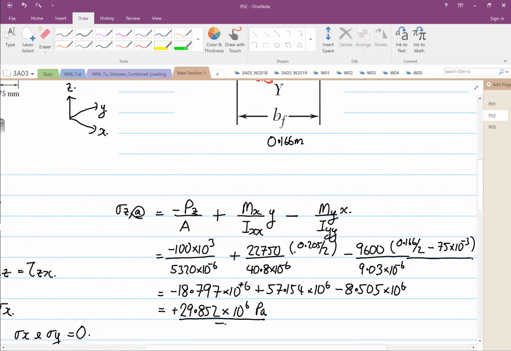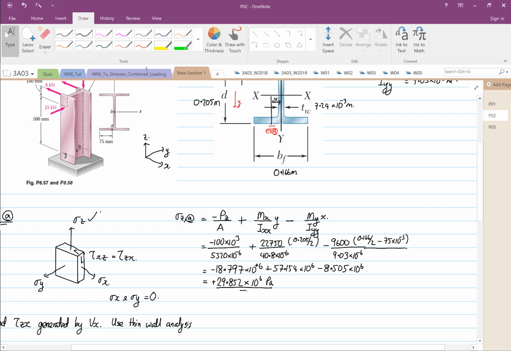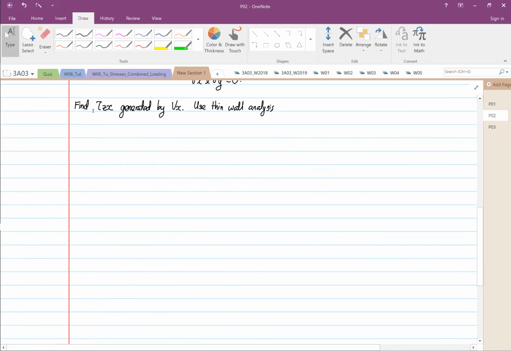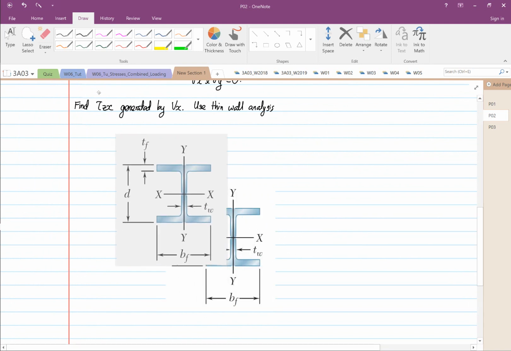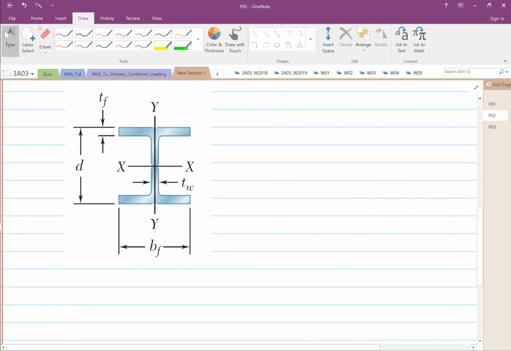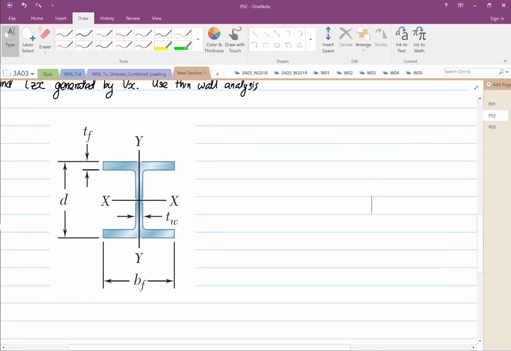Okay, so this is our cross section again. I'm going to paste it here. So we know that we have a Vx contributing 16,000 Newton.